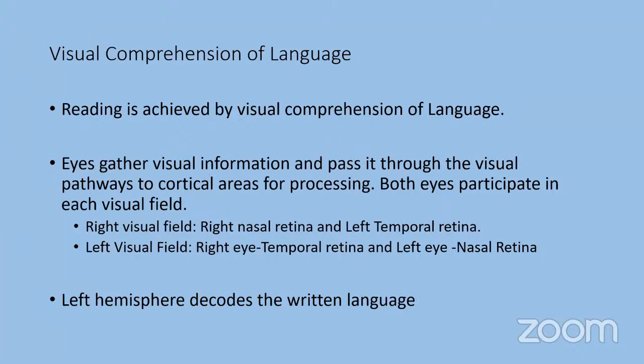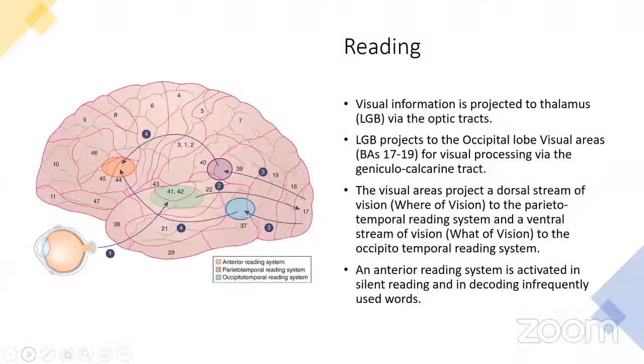With these important initial comments, let us look at the gross diagram of the anterior reading system, parieto-temporal reading system, and occipito-temporal reading system. As I said, the visual information is projected to the thalamus, especially to the lateral geniculate body, via the optic tracts, which I'll show you in the next diagram. From the lateral geniculate body, the projections go to the occipital lobe, especially to visual areas 17, 18, and 19, for visual processing via the geniculo-calcarine tract.